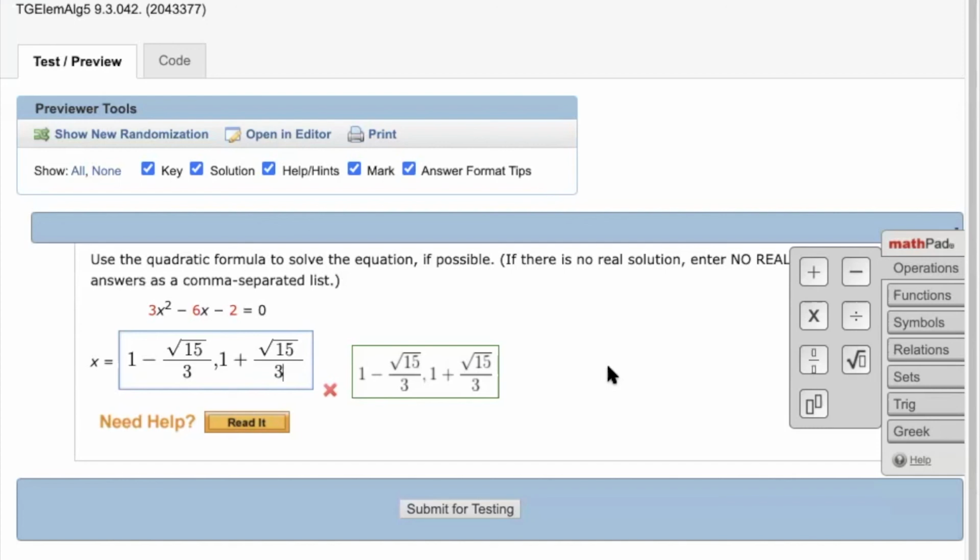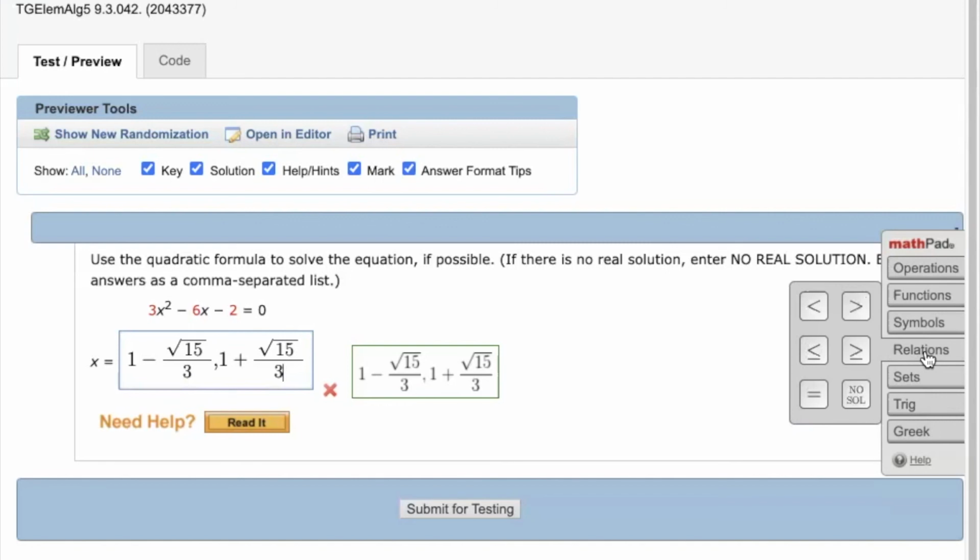So hopefully that made lots of sense and helped everyone figure out how to enter things. I encourage you to go looking. WebAssign is something that I use and a lot of instructors use. There are a lot of options here. There are a lot of things in here that we haven't studied, but you will study later on in Math 60.